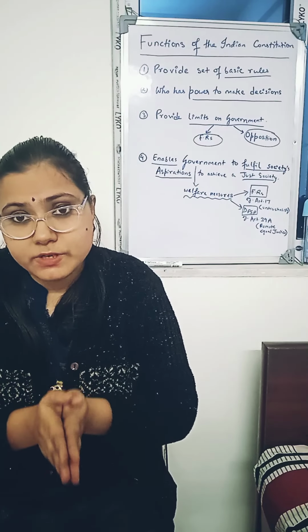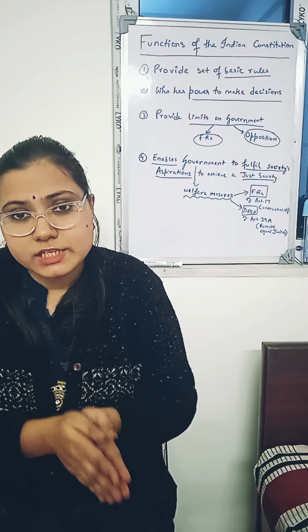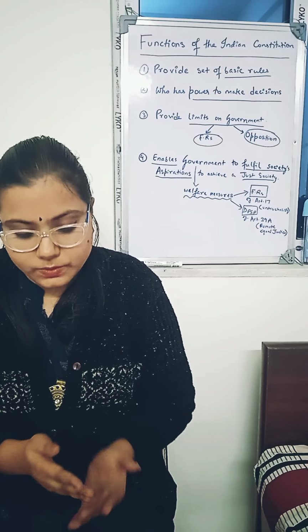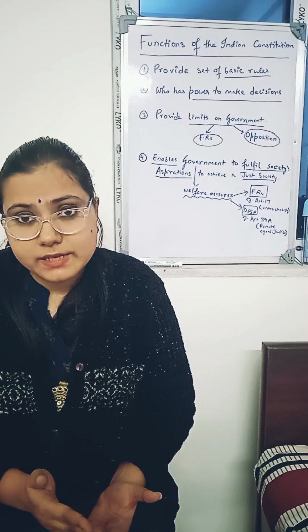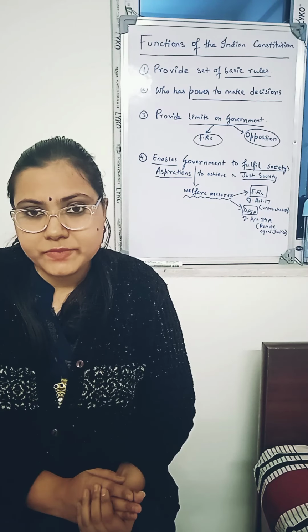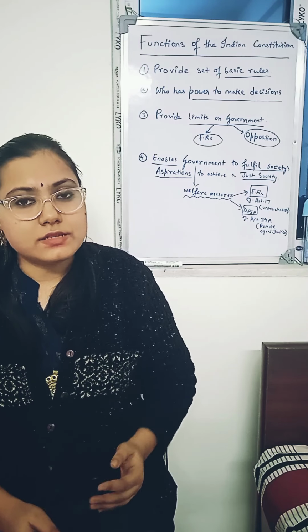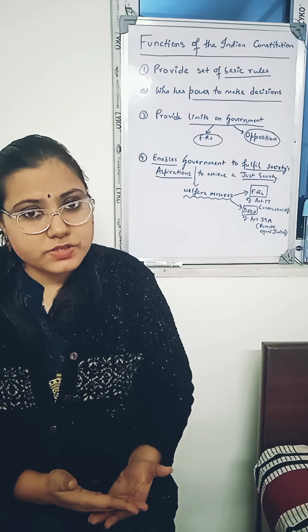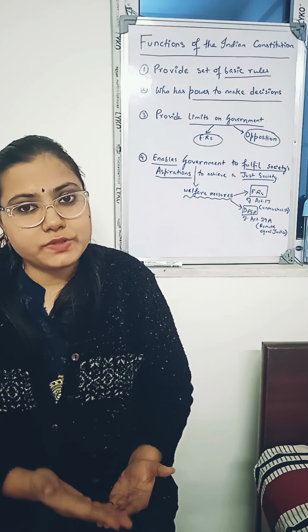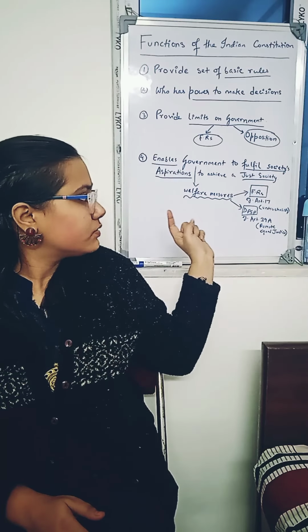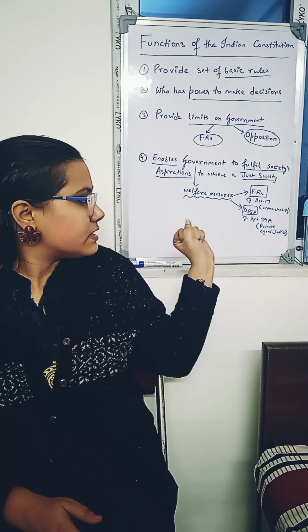Our society's aspiration is to remove untouchability and caste discrimination. So these are the basic aspirations of our society that we have to realize together, and our constitution helps our government to realize these aspirations through two tools, that is, fundamental rights and DPSP.